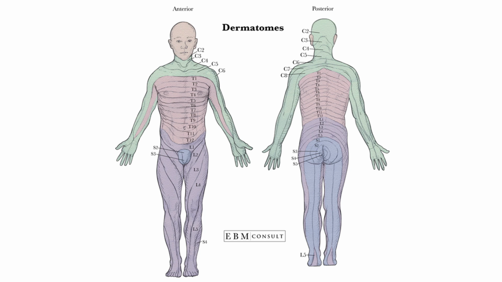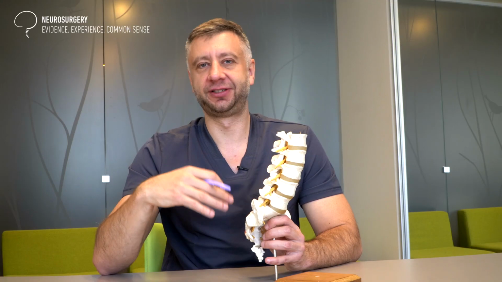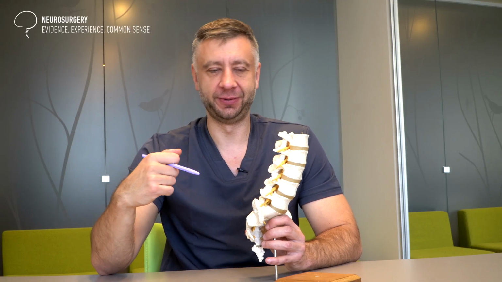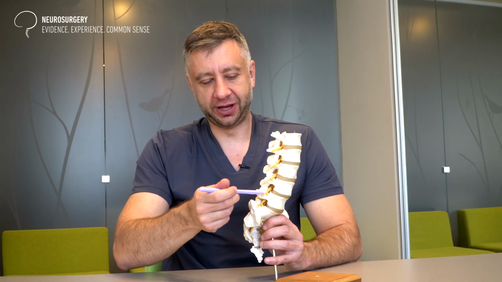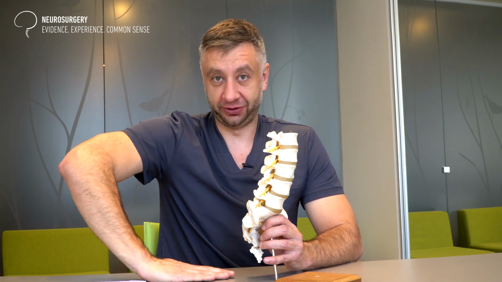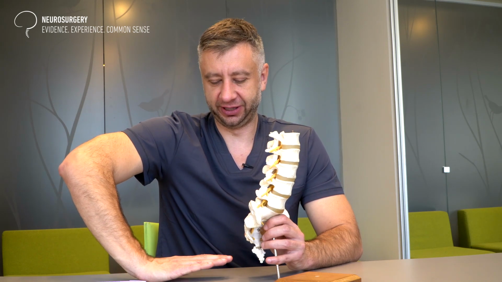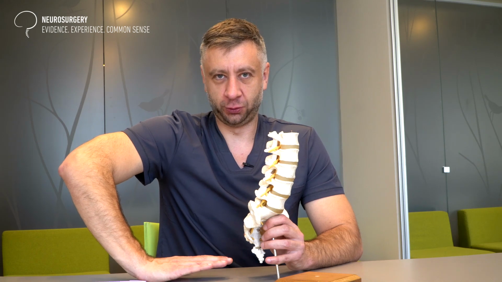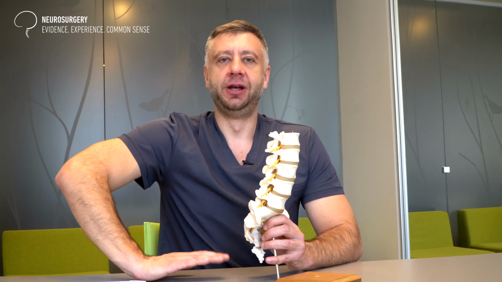What are those? Basically, each nerve root has a motor function, the movement function, and each nerve root goes to an exact muscle and does an exact known movement. For example, nerve roots L4 and L5 do the so-called dorsiflexion of the foot, basically allowing us to walk on the heels.